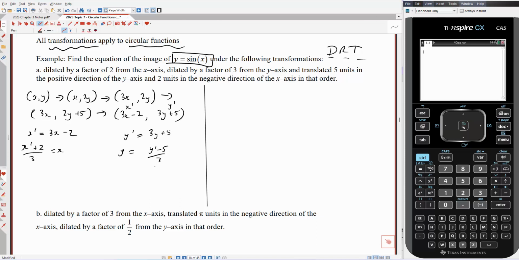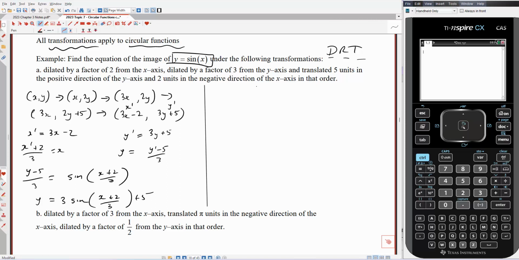Alright, so what I'm going to do is pop that in for y, and I'm going to drop the dashes. y take 5 on 3 equals the sine of this thing here, x plus 2 on 3, and there's my new function. But what I'm going to do is make sure I write it with y as the subject. So I'm going to go y equals 3 sine of x plus 2 on 3, plus 5. Alright, I've got it.